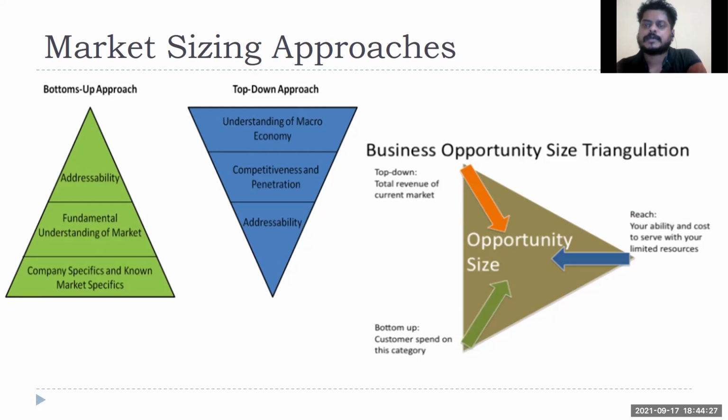That kind of decision you have to make based upon your ability. If you think that yes, in the southern part of India I am the market leader, I have a lot of sales force, obviously I can get a 25% or 30% market share, right? So that will help you to pinpoint the opportunity size, whether it is 50 lakhs or 1 crore.